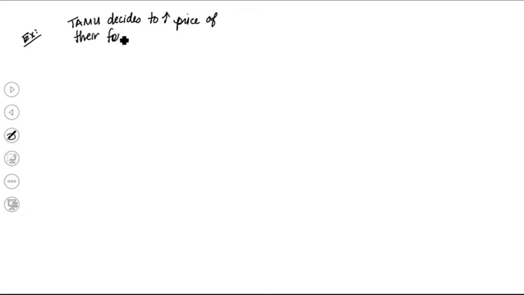All right, Texas A&M University, home of the Aggies, decides to increase the price of their football tickets by 15%.